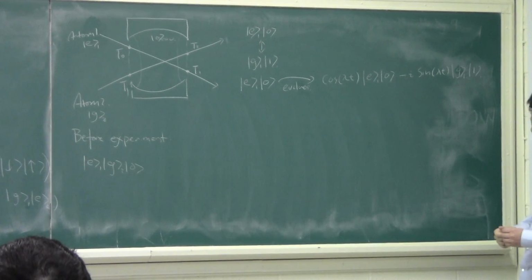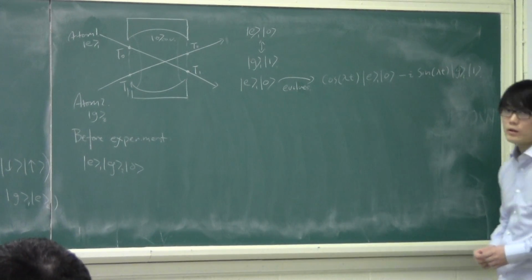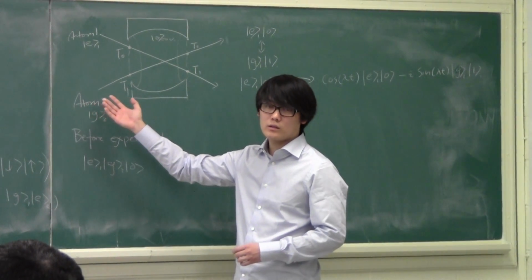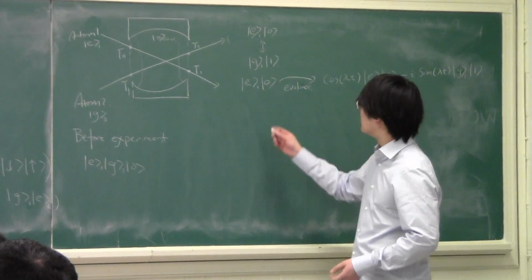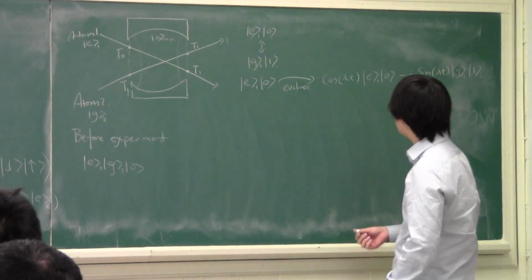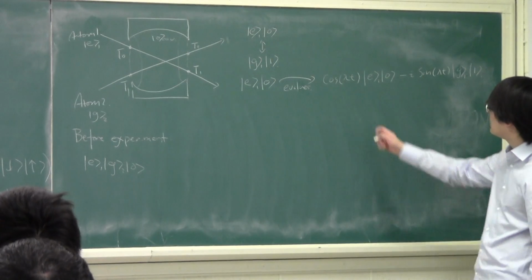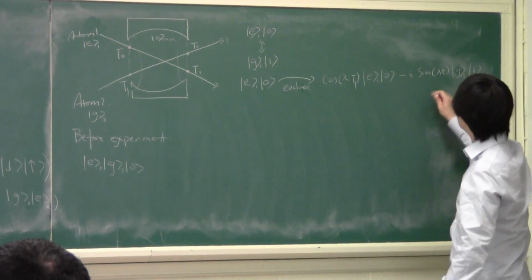No problem. So this is the evolution. Now if I were to write down the whole thing, up to now, atom 2 has experienced nothing. So I could attach the ground state of the second atom here, but let's not do that. Specifically at time T1, I simply replace T1 here.